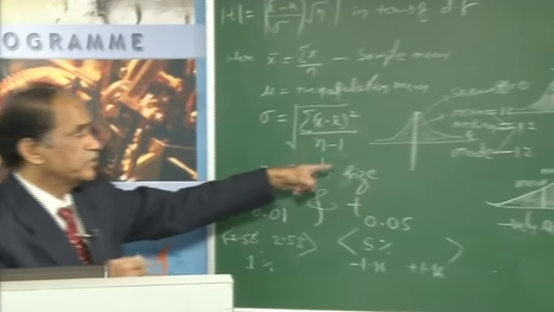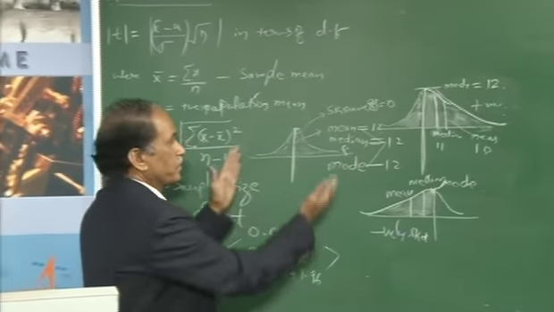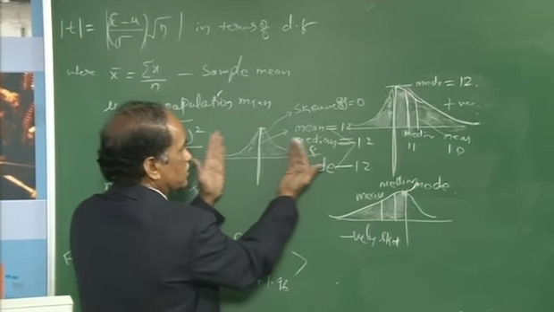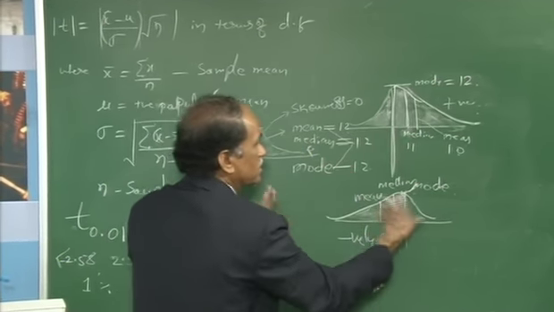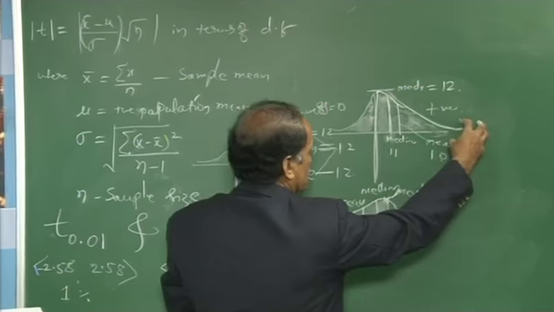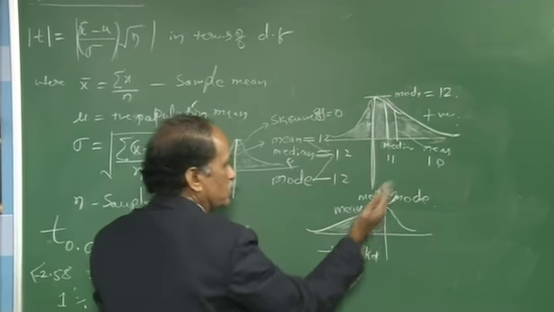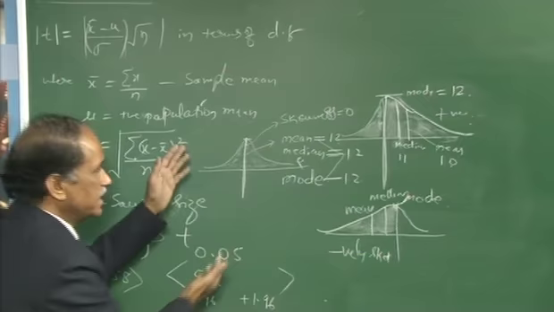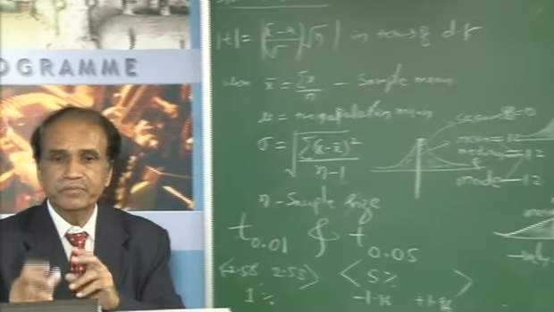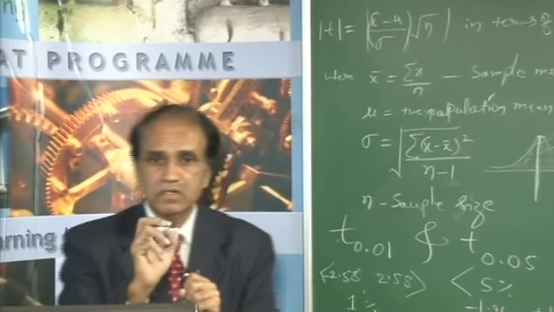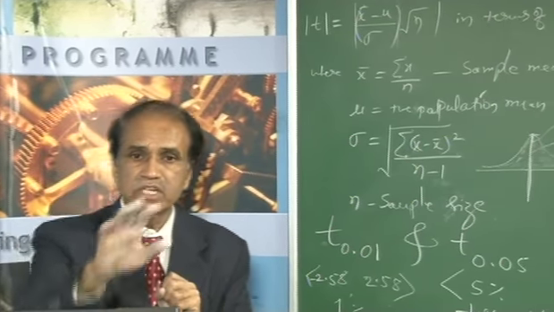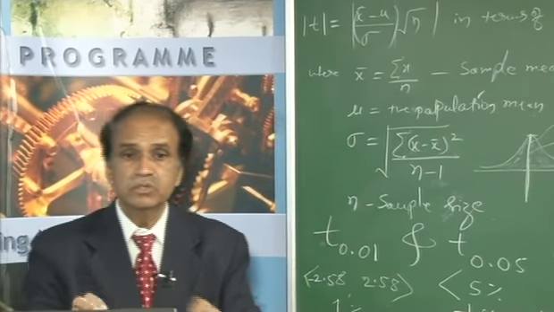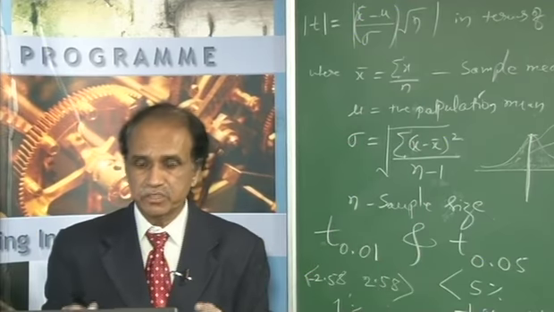It is equally distributed on either side. When it is not equally distributed, with more items towards one side, that is positively skewed or negatively skewed. Because if such a concept is included in any data, then you cannot apply the t-test, which assumes the data is normally distributed.